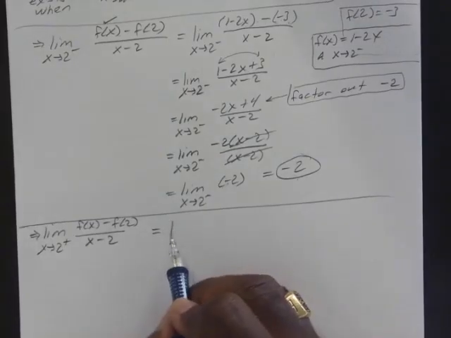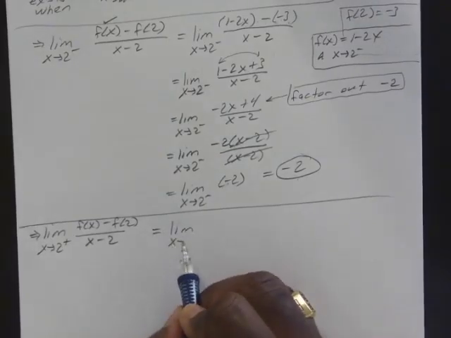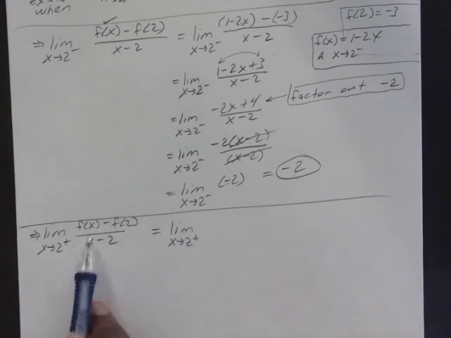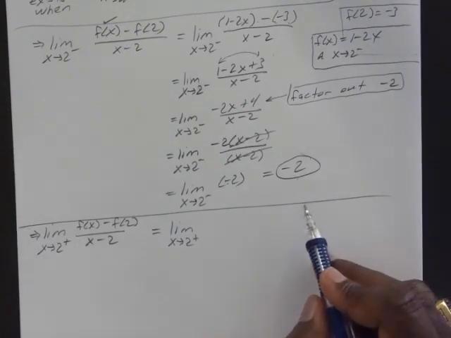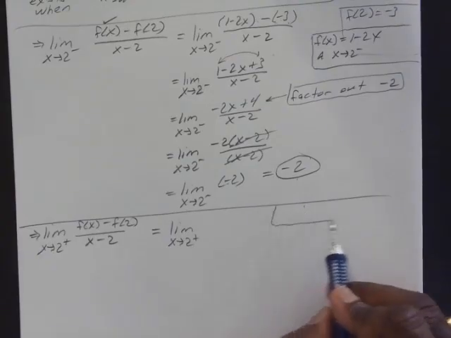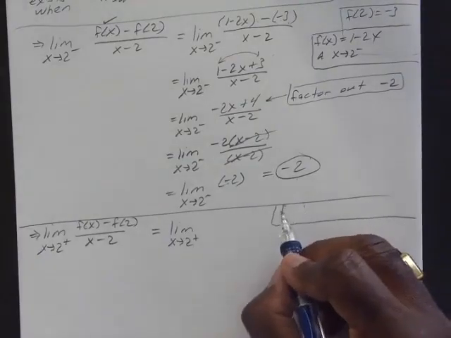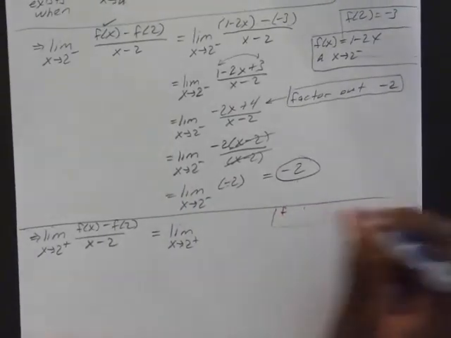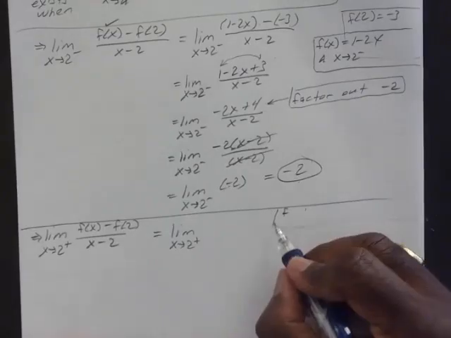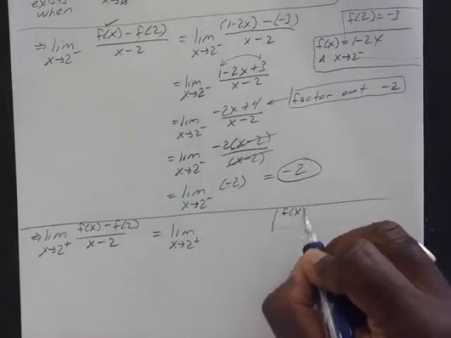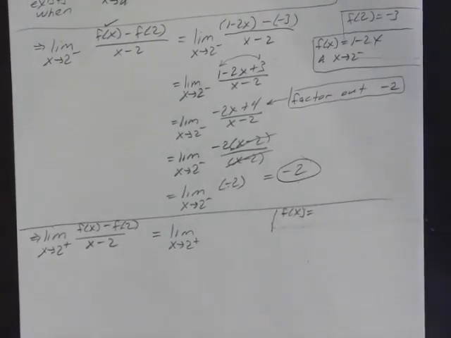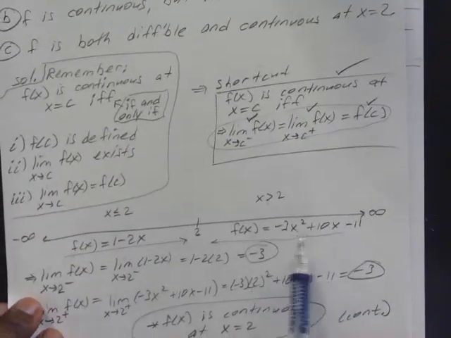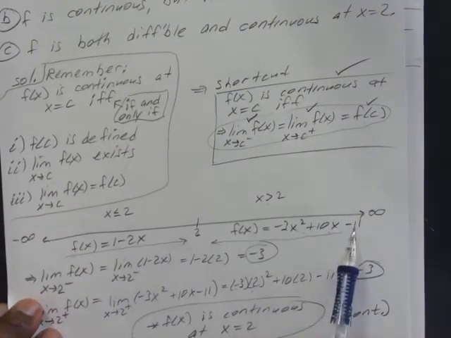And we can rewrite that as a limit as x approaches 2 from the right of f of x. Now from the right, let me make that a little bit bigger. Okay, now from the right, f of x is equal to negative 3x squared plus 10x minus 11.